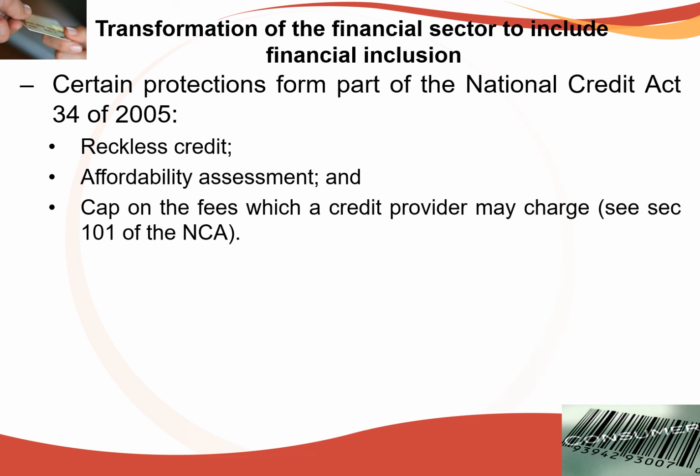Then also, there's some form of affordability assessment that must be conducted before you conclude a credit agreement. Now, you might have read in popular press that there's been a lot of debate on the nature of this affordability assessment, especially after a landmark case against Truworths. So, what should be considered as income, for example, if you open up a Truworths account or you acquire a credit card?